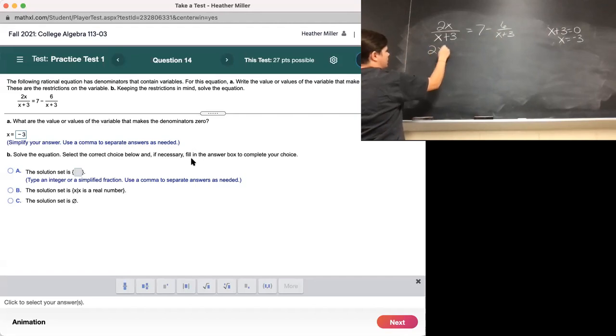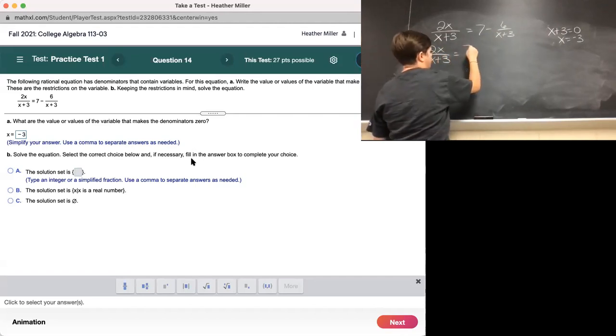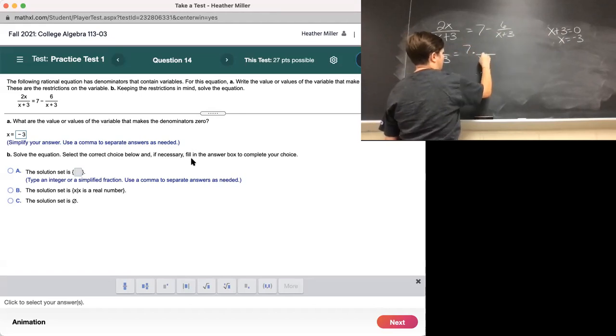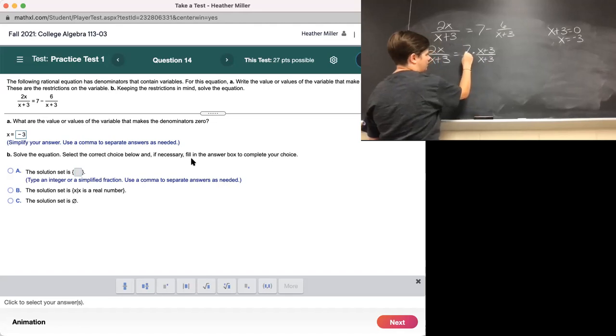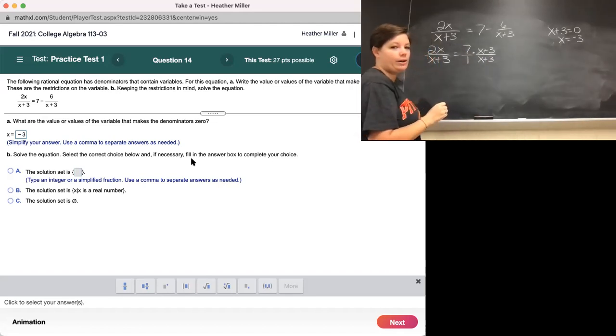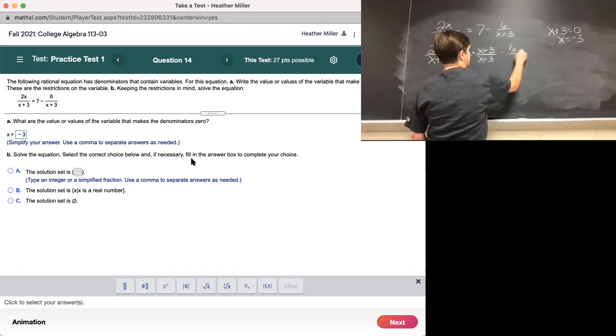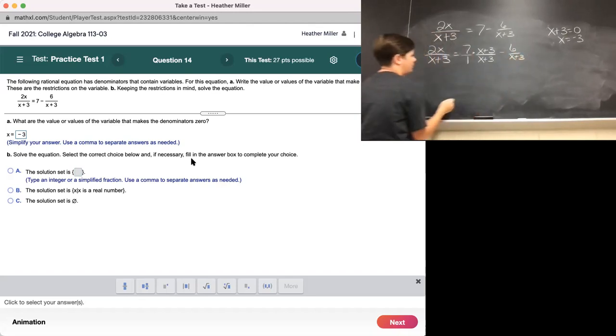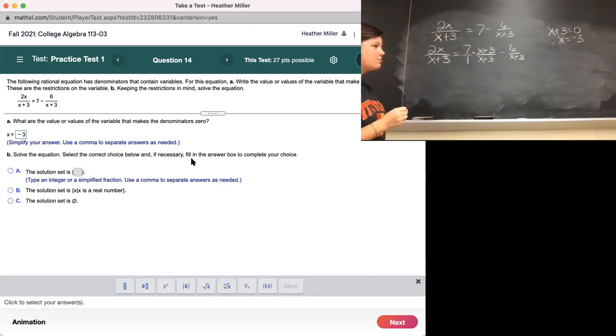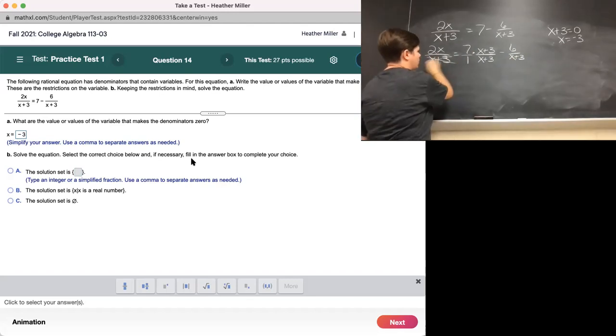I'm not going to do anything to the rest of the problem. I just have 7, and then I need it to get an x plus 3. But what I do on bottom, I have to do on top. Remember, 7 is the same thing as 7 over 1, minus 6 over x plus 3. The reason why we do this is because once they all have the same denominator, you can just ignore it.